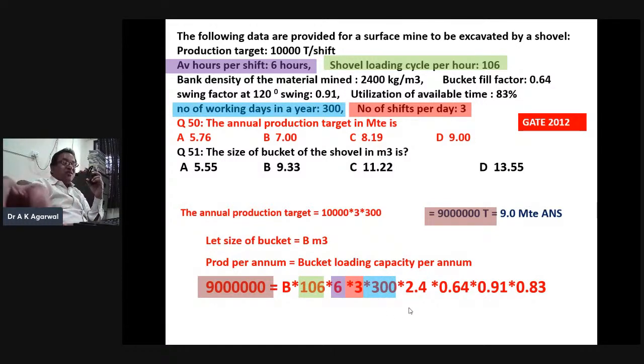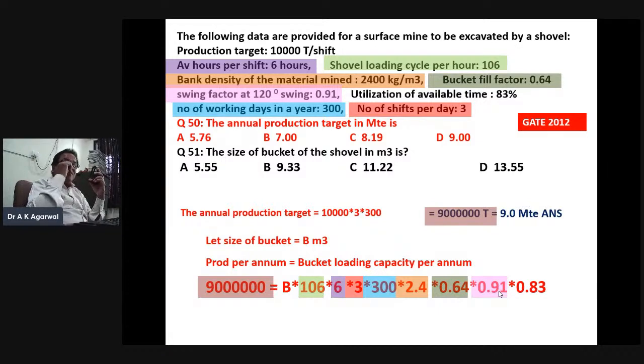What is the density of coal? 2400 kilogram per meter cube, which in ton per meter cube is 2.4 tons per meter cube. Bucket fill factor 0.64. 0.91 is the swing factor of the shovel bucket.